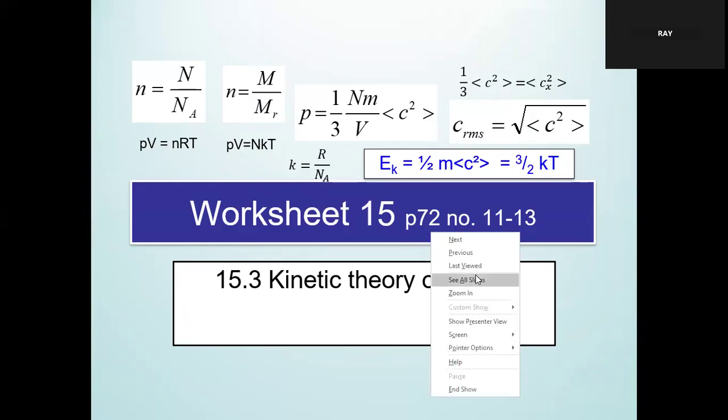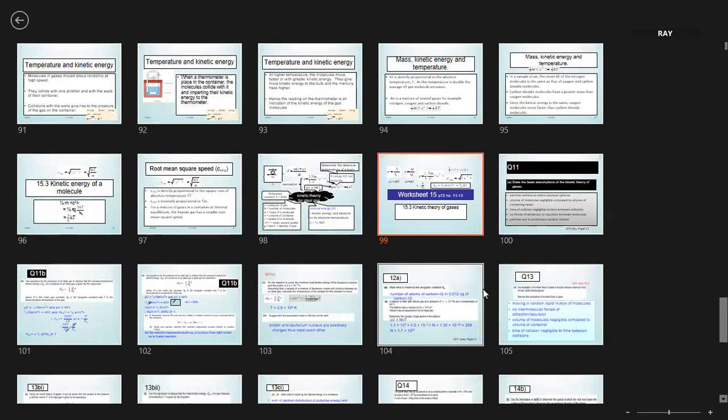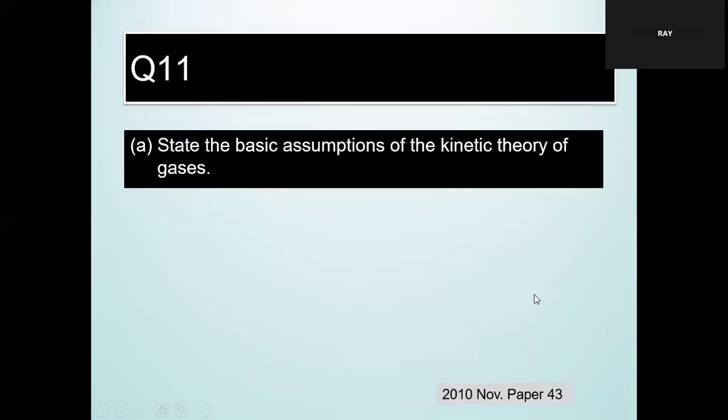Okay, let's do some questions. Remember, we are going to be cut off at any time. Okay. State the basic assumptions of the kinetic theory of gases. This is 2010 November, paper 43. Can you remember the basic assumptions of the kinetic theory of gases?